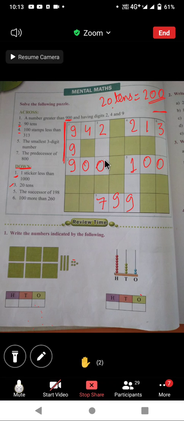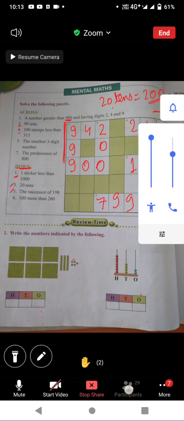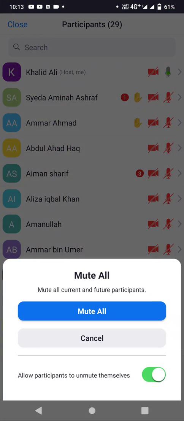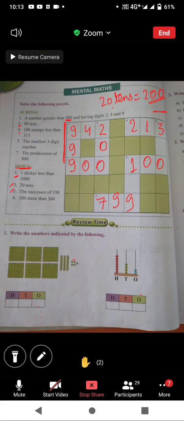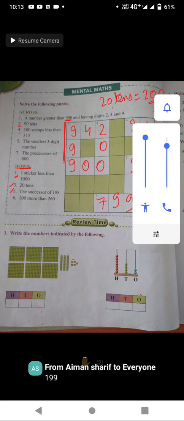The 2 is already written, so in between we will write 0, and the last 0 is already written. So 200. Now the fifth one, the successor of 198. Do you know the successor? Tell me the successor of 198. Successor means one number after the number. Yes. Other students.